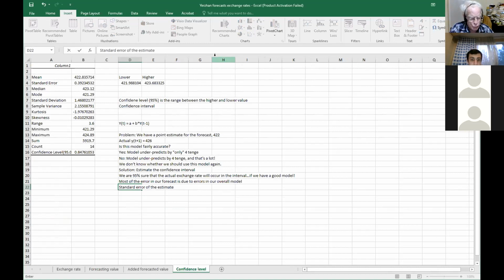So very roughly, this measures the average mistake in predicting past values of the exchange rate.